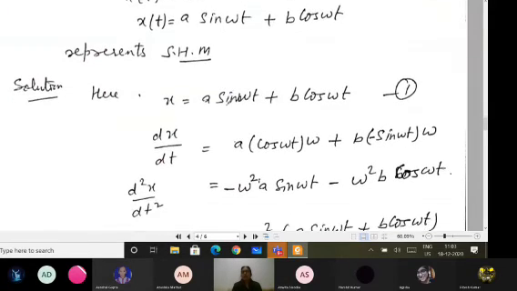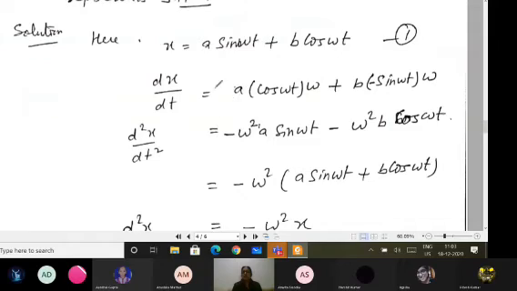For that you can find the derivative, which gives the velocity, dx by dt. That can be written as A cos omega t into omega plus B, the derivative of cos omega t is minus sine omega t, into the derivative of omega t, which is omega.